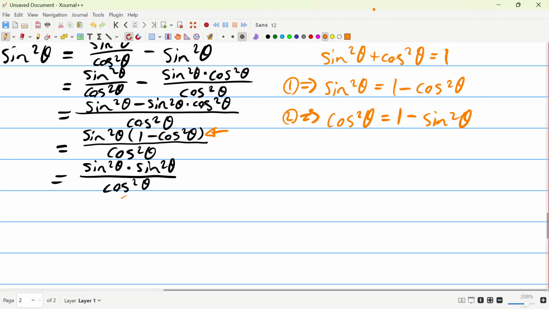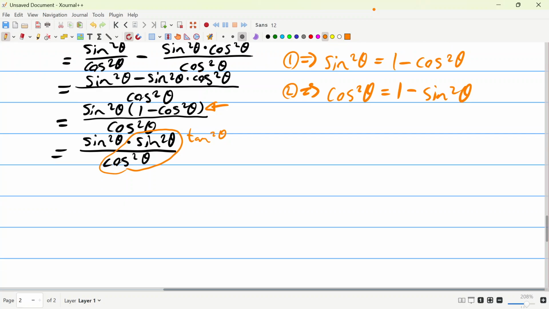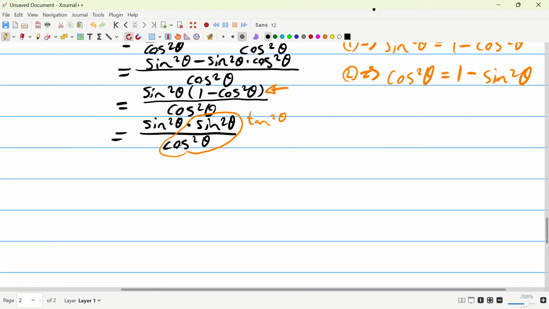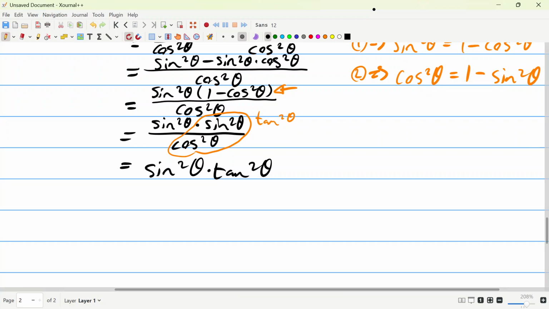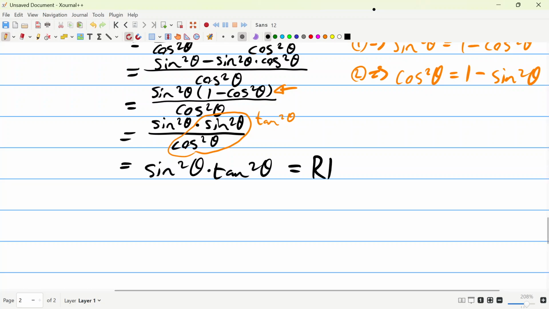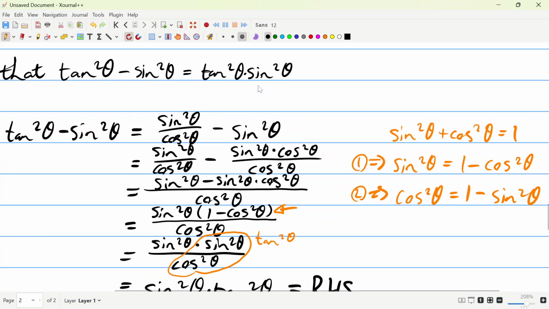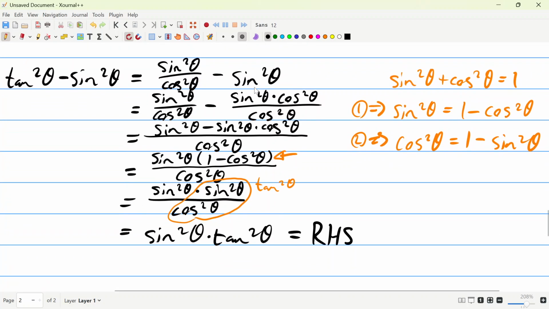Can you see that over here? And this whole thing is just tan squared theta. Therefore, this is just going to be equal to sine squared theta times tan squared theta, which is equal to the right-hand side. Okay, this part is equal to this part over here. And now we've just proved this one.